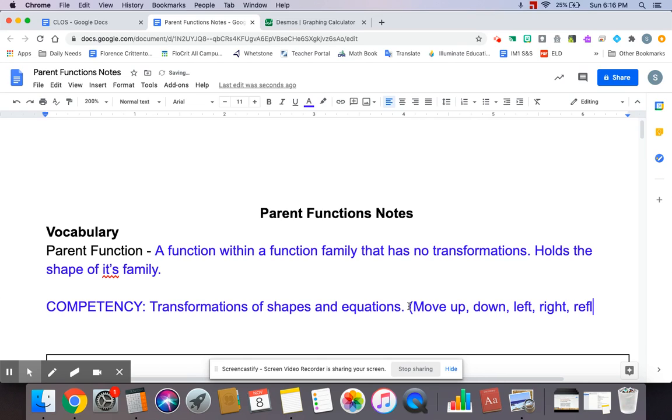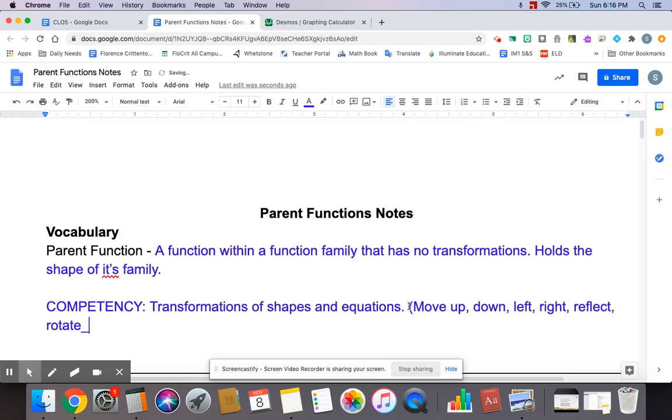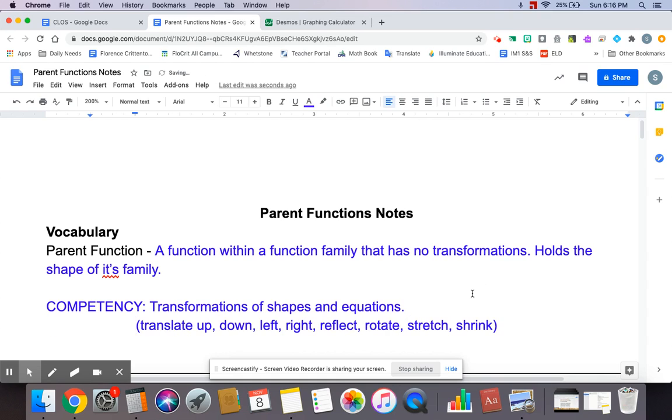You can also reflect it, which means to turn it over, or you can rotate it, which means to spin it. Remember, the big word for move was to translate. You can do these things to shapes or equations. Another transformation is to stretch something or to shrink it. So these are all the different types of transformations that you can do to shapes and equations.